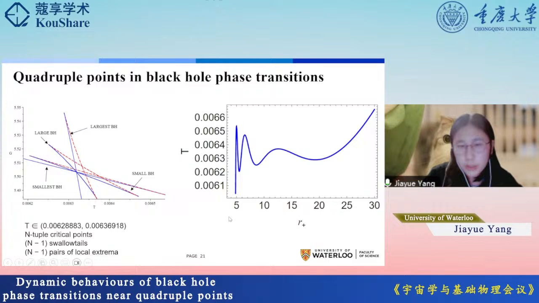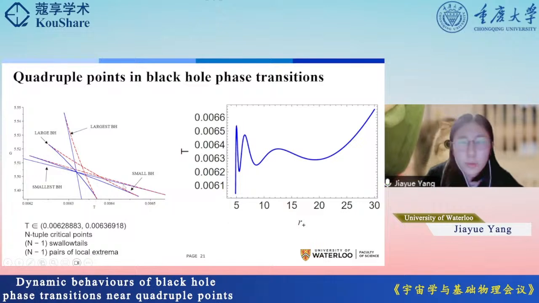So this means that at this specific temperature, the 4 phase blue lines can coexist. So this is called a quadruple point. The intersection of these blue lines is called the quadruple point. So the quadruple point is where the 4 phases meet together, where the 4 phases connect.